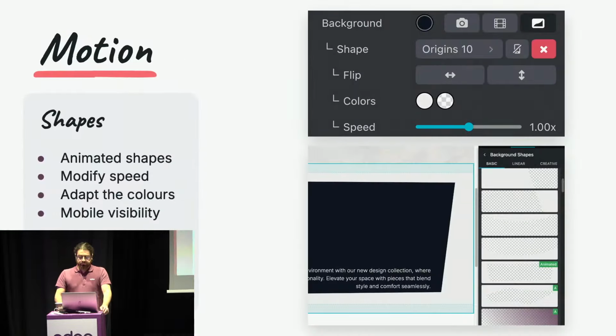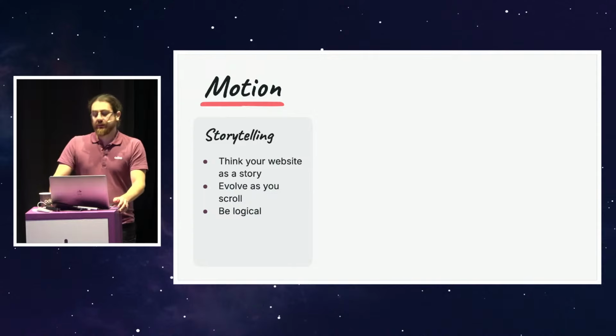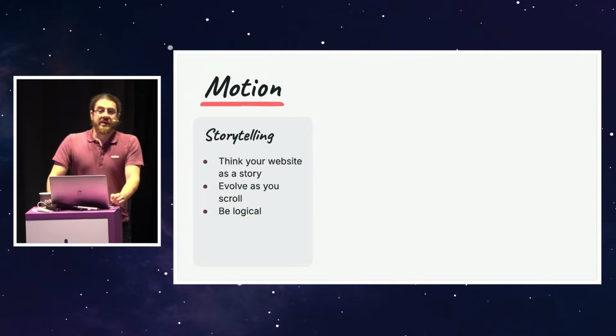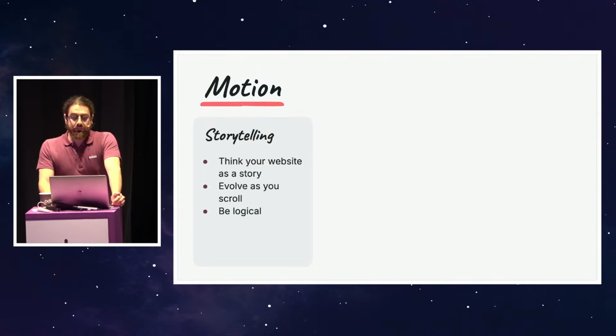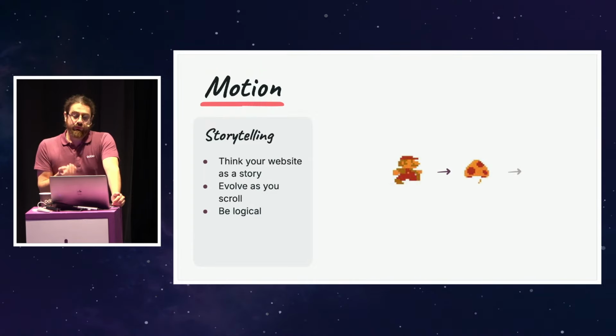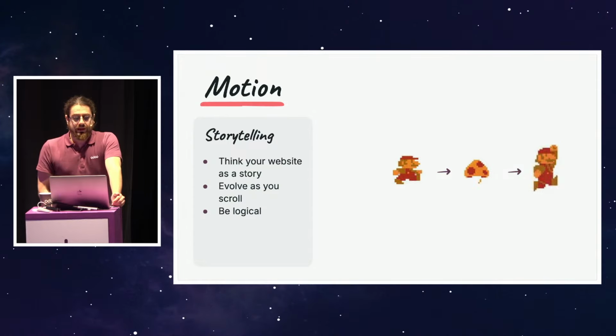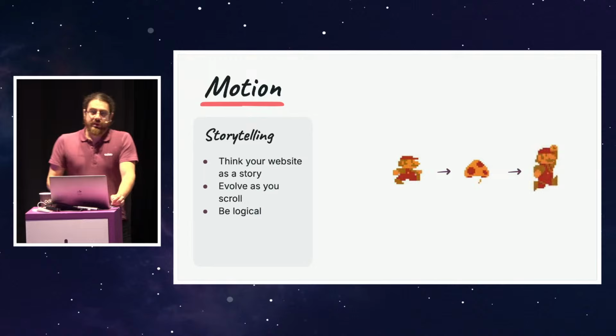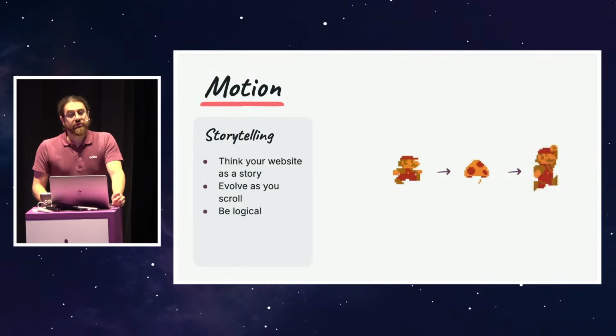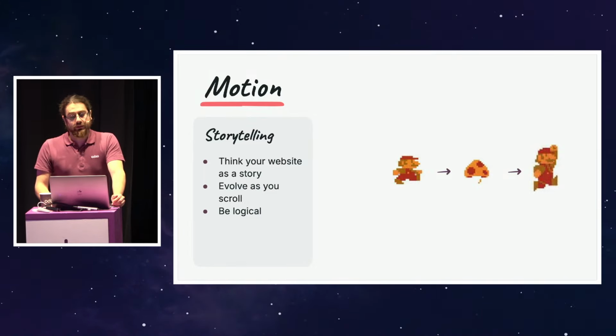All right. And the next element is not a technical element, but rather a conceptual element. This is storytelling. Storytelling is an invitation for you to think of your website as a story that evolves whenever you scroll. That means that you should be logical whenever you put the content in the website.